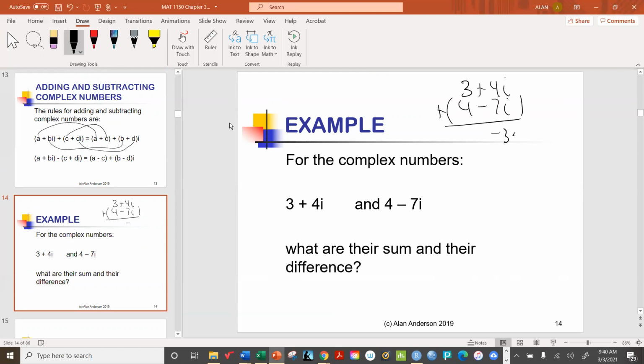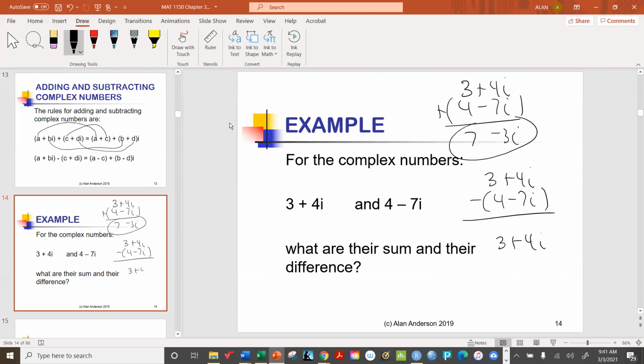You can see this is negative 3i and this is 7. And if you want to subtract them, you could rewrite this as 3 plus 4i, and down here you have minus 4 plus 7i, and you've got negative 1 plus 11i.